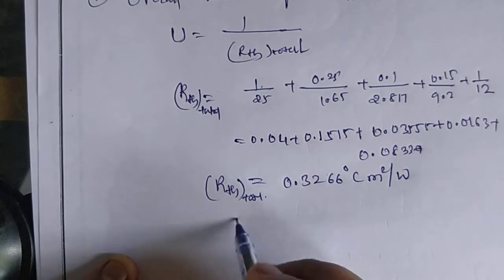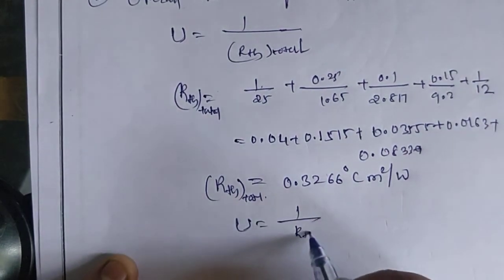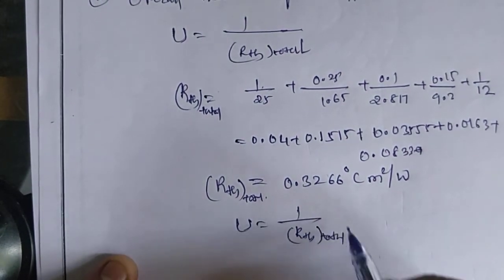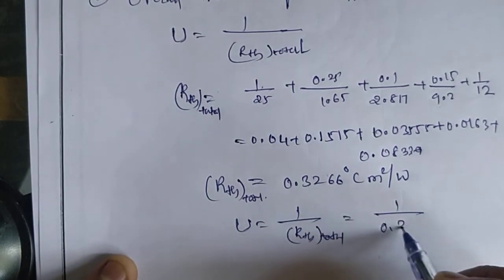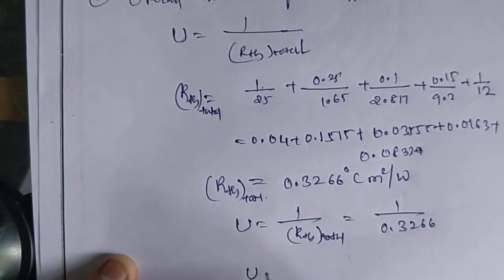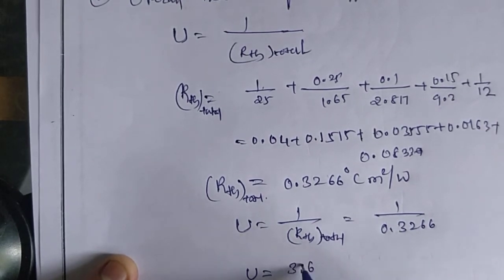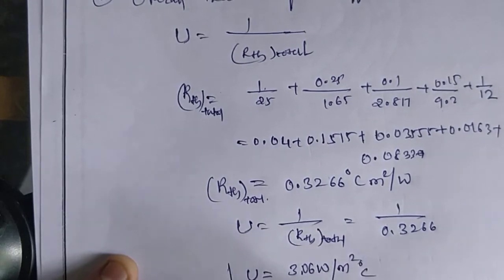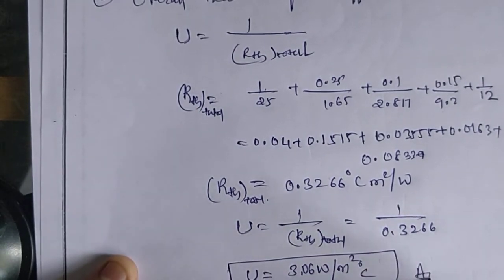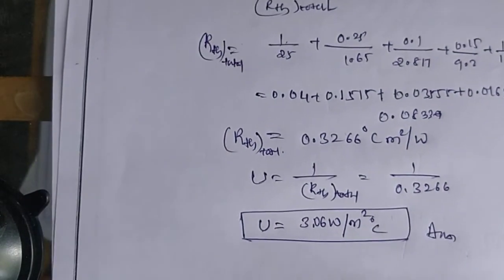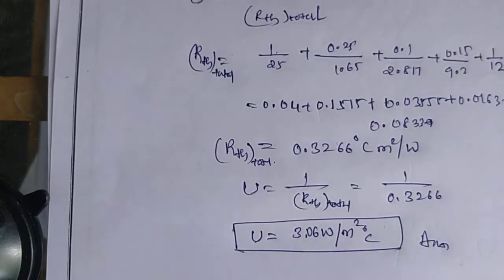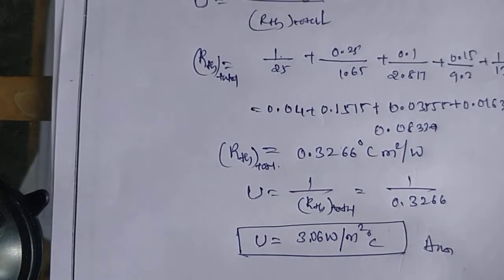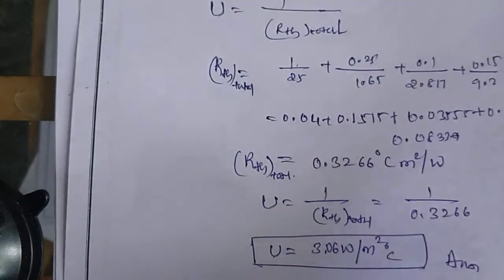So U is equal to 1 divided by RTH total. So 1 divided by 0.3266 is nothing but 3.06 watt per meter square degree centigrade. This is the desired answer. Next, what we have to find out? All surface temperatures.